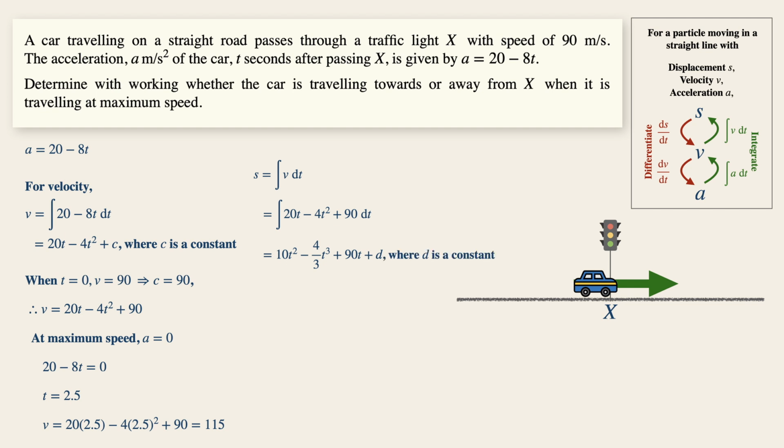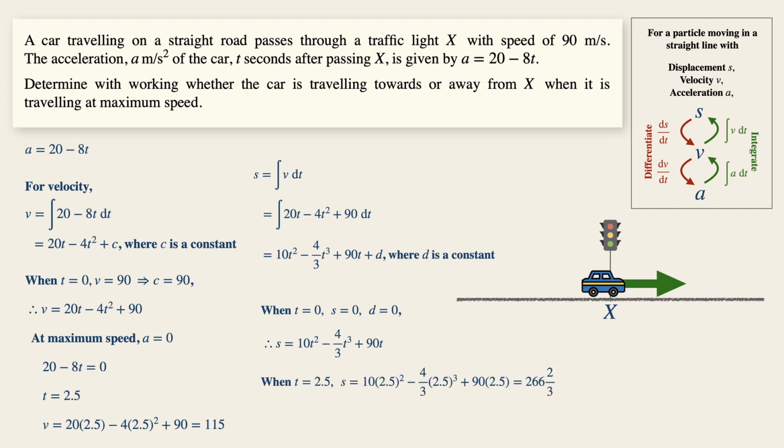To get d, simply substitute t equals 0 and s equals 0, and thus d is also equal to 0. With this expression of displacement, let's find the position of the car at t equals 2.5. It is 266 over 3 meters from X.